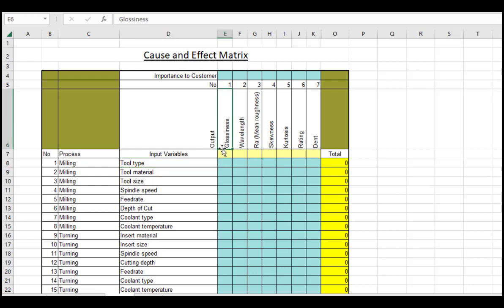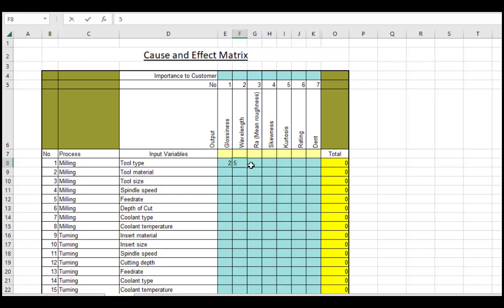For example, between tool type and glossiness, maybe it doesn't have much relation, so maybe we can put 2 here. Then tool type and wavelength, 5.